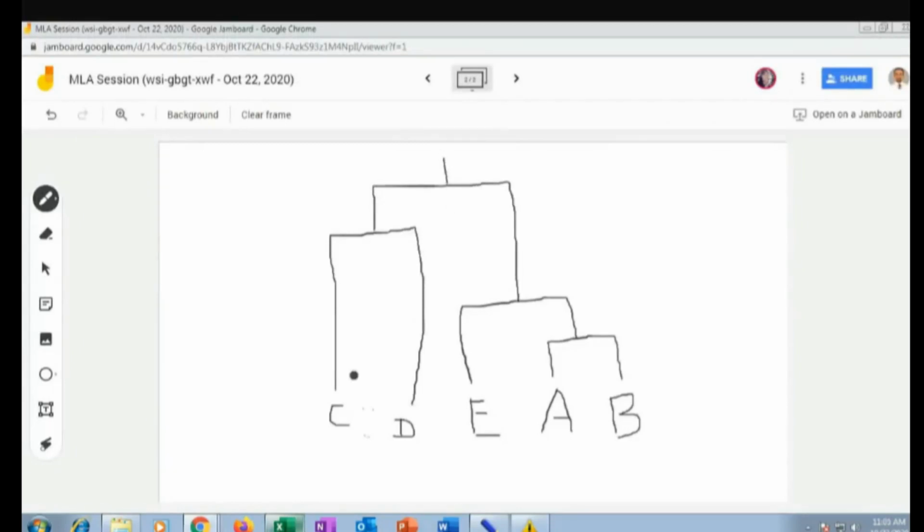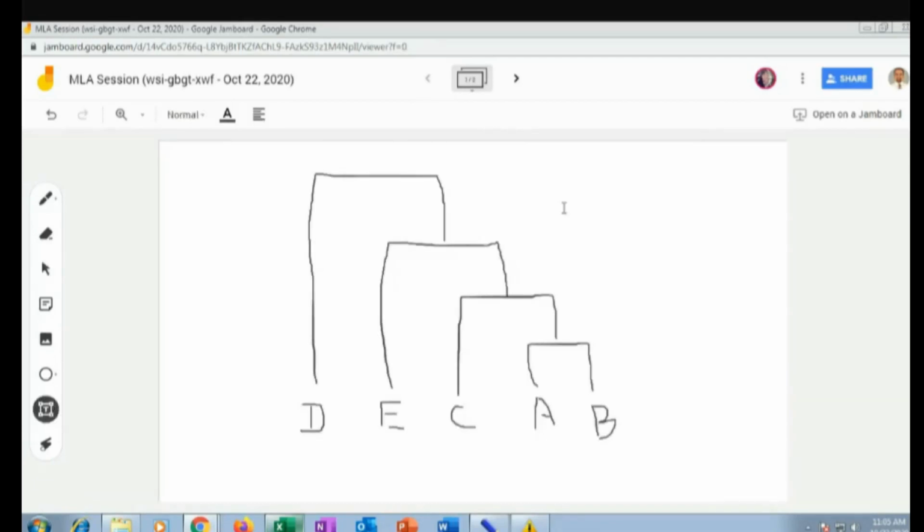Now this is with the complete linkage. So this dendrogram is with the complete linkage. And the previous dendrogram is with the single linkage. Now you can see the difference.